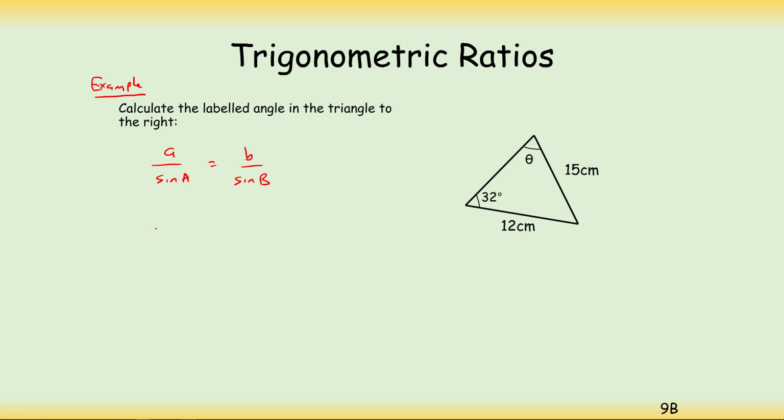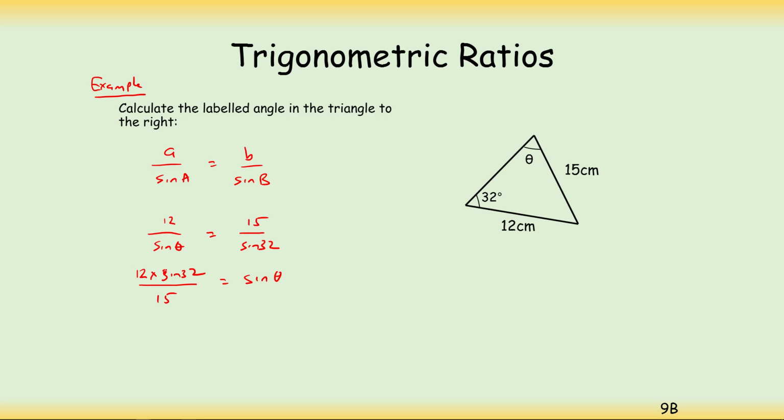So a is 12 divided by sine of theta, and that's equal to b, which is 15, divided by sine of 32. I want to get sine theta on its own, so that means I'm going to have to bring it over this side here and then switch everything around. So that leaves me with 12 times sine of 32 divided by 15, which is equal to sine of theta.